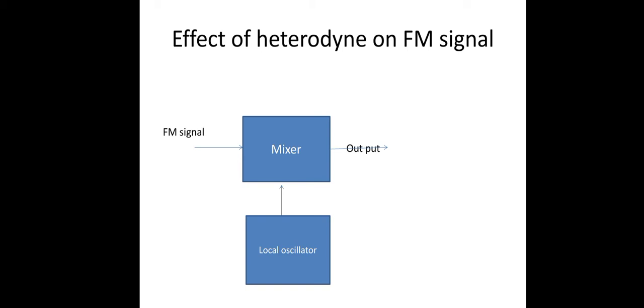This shows that the mixing process either increases or decreases the carrier frequency: increase means the sum component and decrease means the difference component, while the frequency deviation is kept constant. Then the heterodyne process has no effect on the frequency deviation in the FM signal.